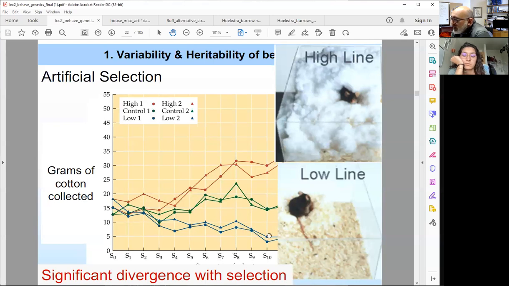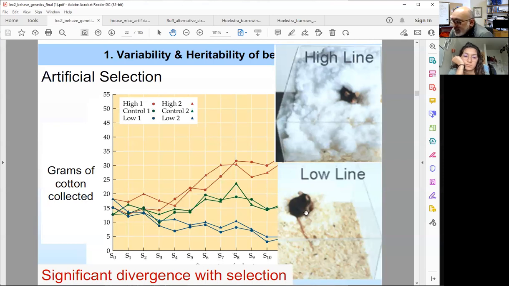Whereas in the blue here, that's the least amount of nesting material. The point here is that the high line, the females that collect the most material, produce these massive nests, as you can see, versus the low line, where these mice are producing very, very small nests.